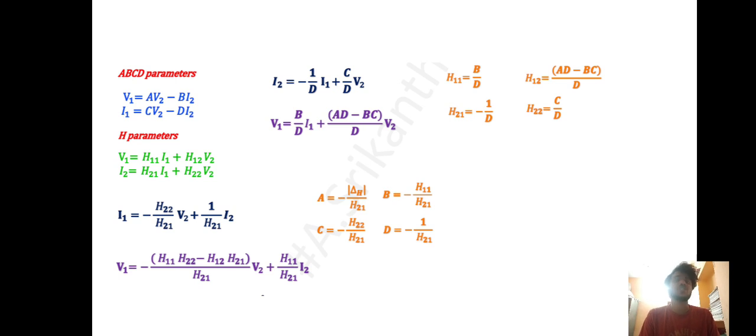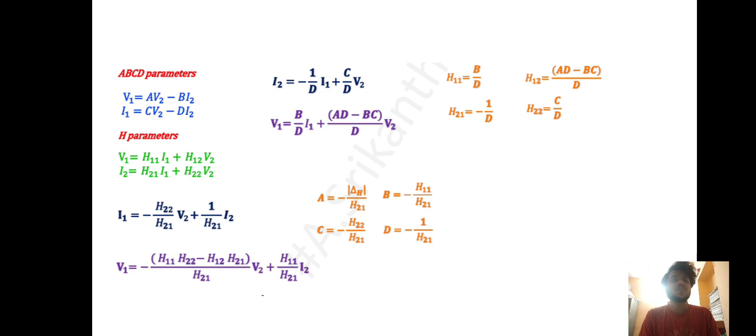H parameters: V1 equals H11 into I1 plus H12 into V2, I2 equals H21 into I1 plus H22 into V2. I1 equals minus H22 by H21 into V2 plus 1 by H21 into I2.